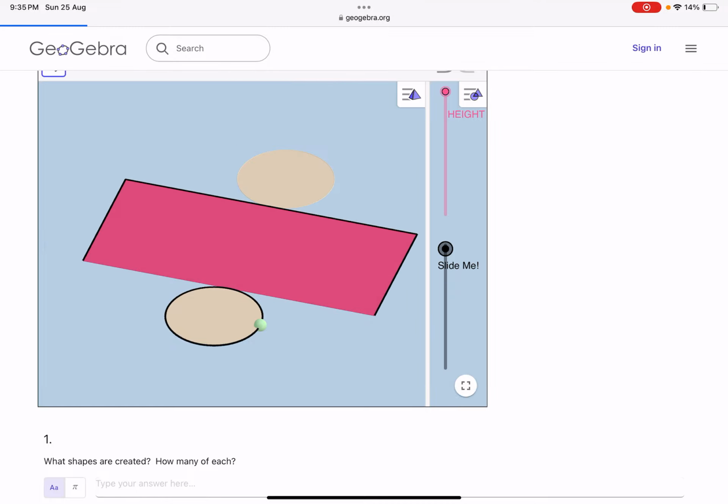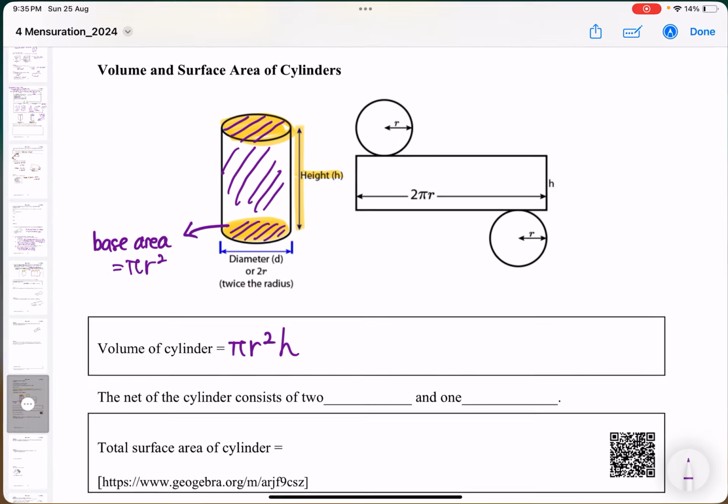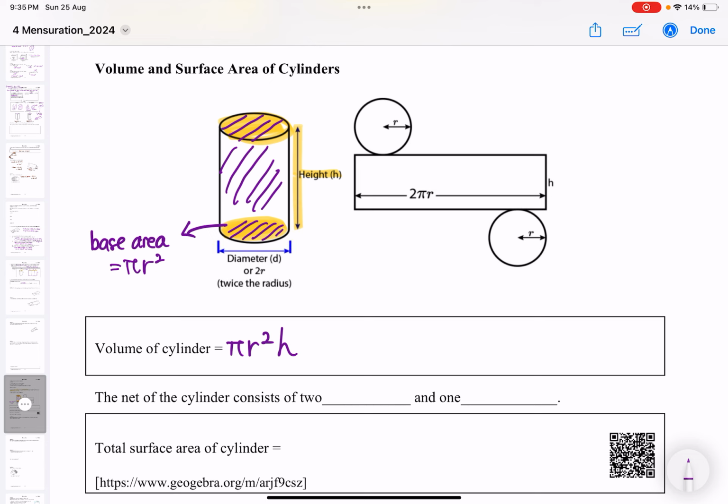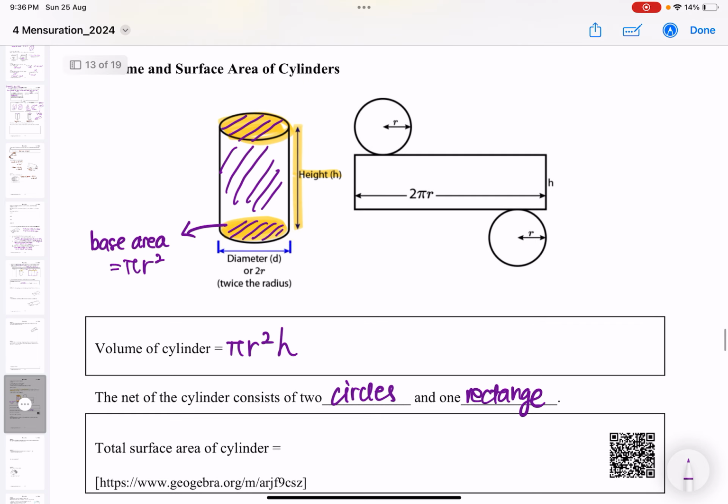So you can see that it is actually basically two circles and one rectangle that makes up the surface area of a cylinder. So to find the surface area of a cylinder, we need to find the area of the two circles and one rectangle.